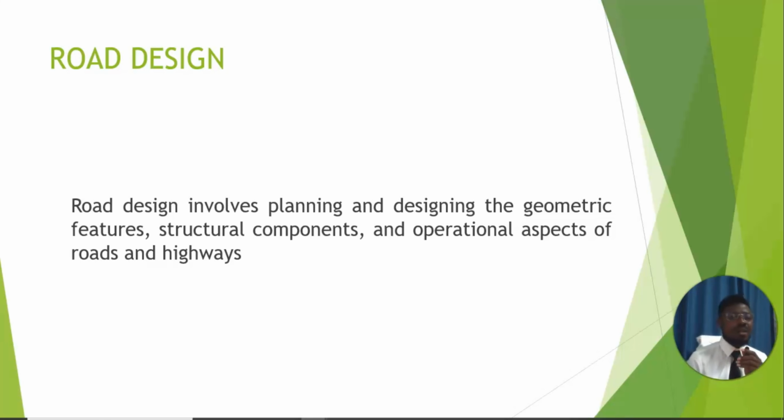Will it be a roundabout? All these things are taken into consideration in designing the road. So it is very important that the planning and the designing of the geometric features are well executed in order to achieve the goal of the design.